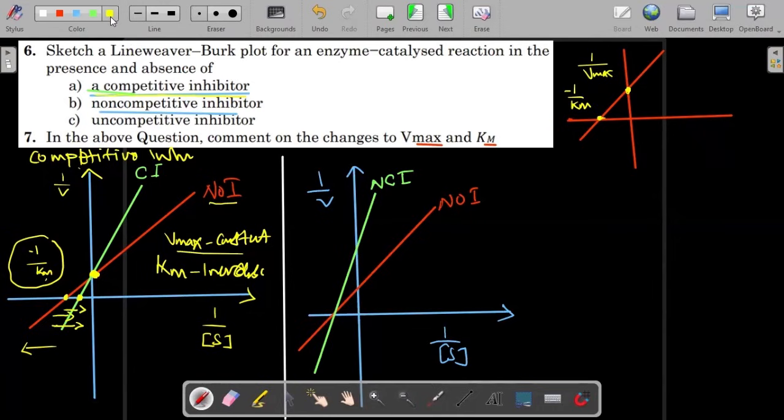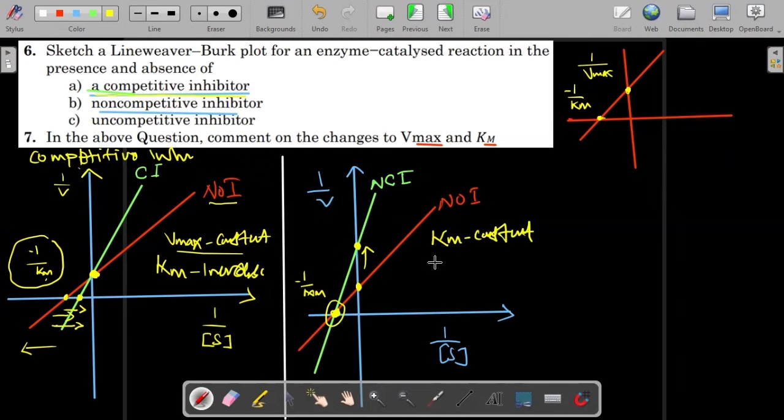So let us notice what has happened, okay? You had your 1 over Vmax there. It has moved up. It's now there, okay? And then there where you have your x-intercept, which represents 1 over Km like that, it has remained the same. So from there, we're going to conclude that the Km is constant.